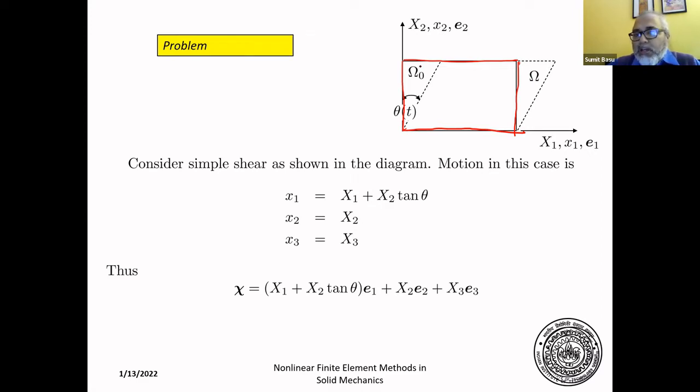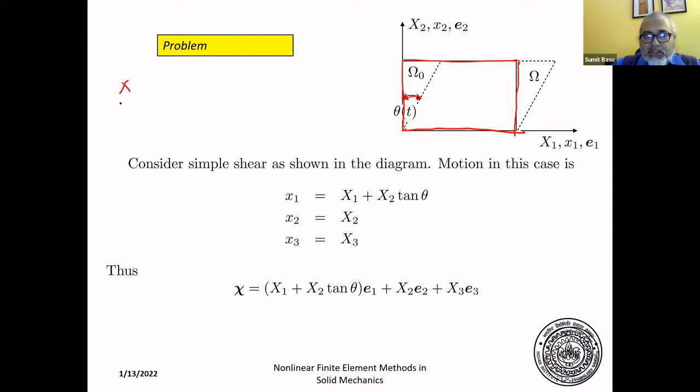Okay, so my omega naught is the rectangle, this one, and omega is the dotted parallelogram, and this angle is given as theta, which can be changing with time. So as time passes, this parallelogram tilts more and more to the right. Okay, now this can be expressed as a motion.